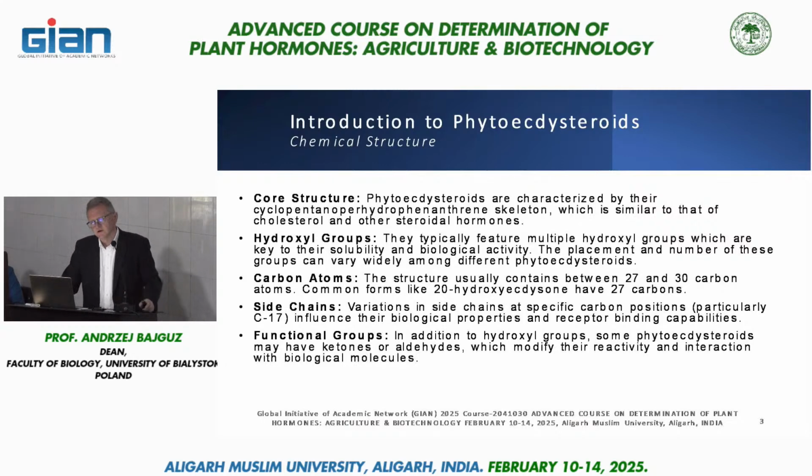The number of carbon atoms in phytohormones typically ranges between 27 and 30, depending on the specific compound. 20-hydroxyecdysone, for example, consists of 27 carbon atoms, is the most widely distributed in many plants and the most studied ecdysteroid.